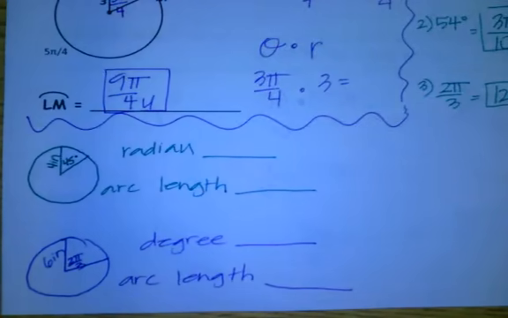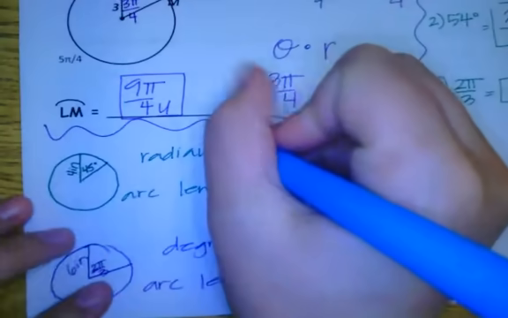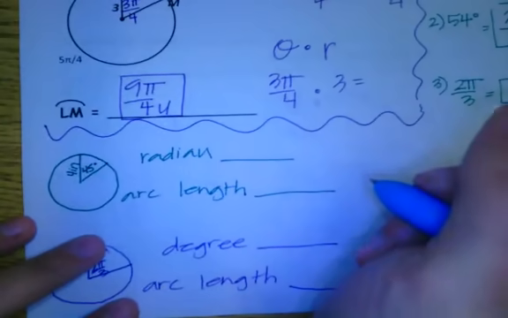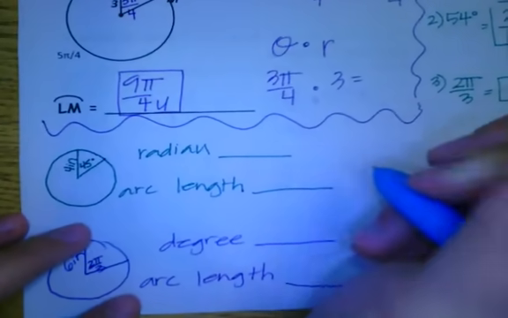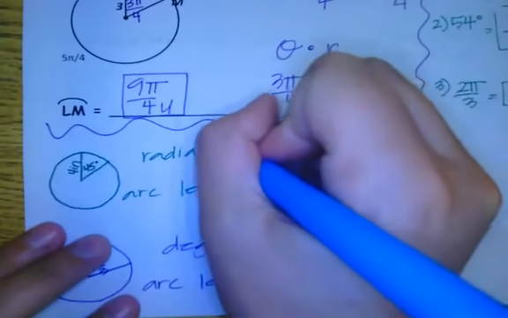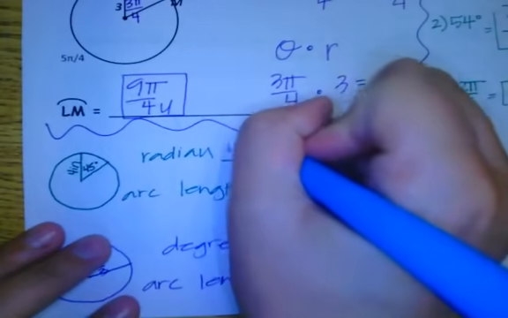Okay, what is the radian measure for the first one? 45 degrees is equal to what? Pi over 4.